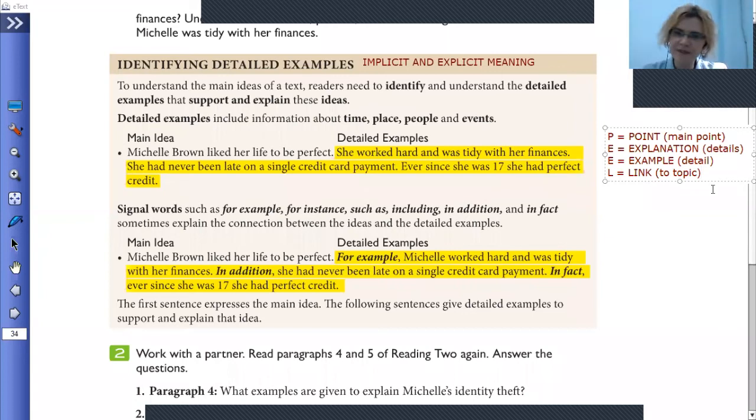So that is the PEEL. You always have to get your PEEL going. So you always state a point, you explain a point, you give an example to that point, and you link it back to the topic, to the point that you started with.